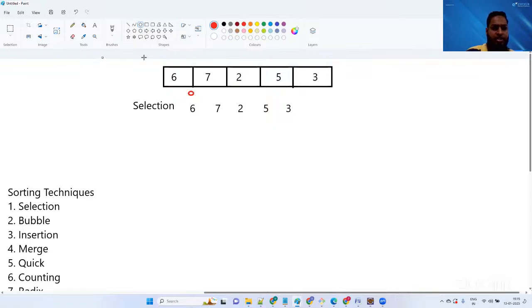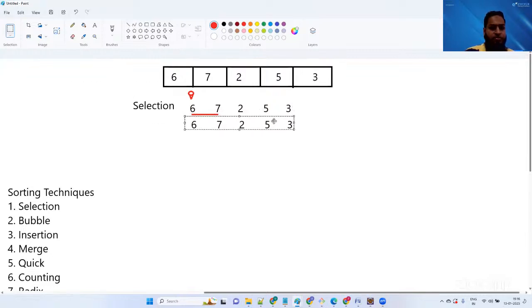I take a nail and hammer it over here, and now compare that element with all the elements. 6 with 7: if the number in front is larger, then you swap. Is 6 larger than 7? No. Then you write it as it is. You will swap when the number in front is greater.